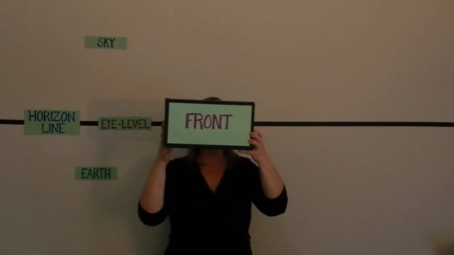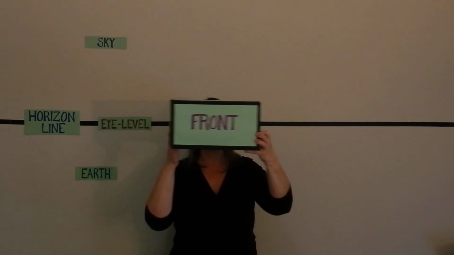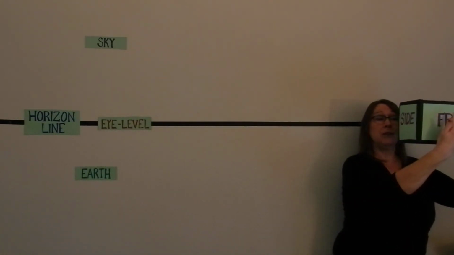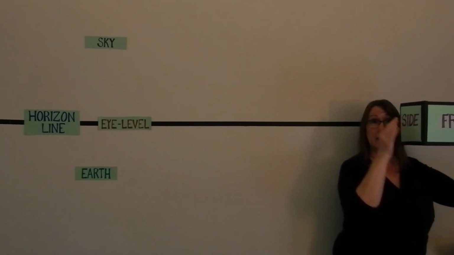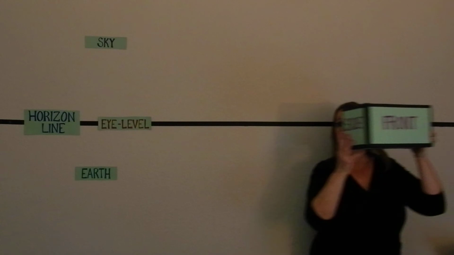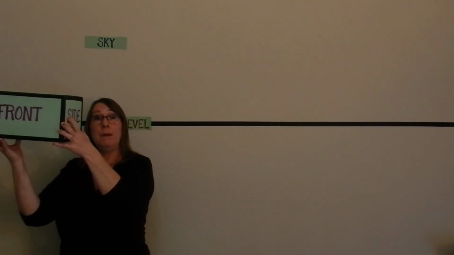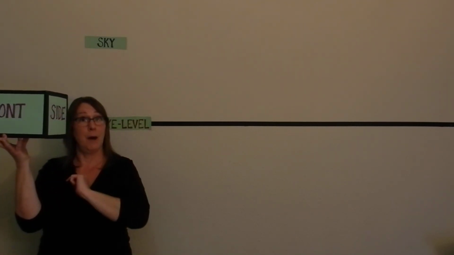If it's right in front of you, you will only be able to see the front of the box. If the box is over to the side, you would be able to see the front of the box and the side of the box. Again, this is at eye level. If the box is on the other side, you again would be able to see the front of the box and the side of the box.